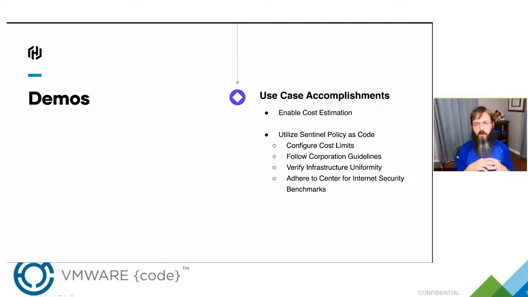Then we had our Sentinel and our policy as code configuration there, so that we could take a look at some of those costing limits, making sure that we didn't spend above $10 a month, or being able to follow some of those best practices to ensure our different instance types were following amongst our development versus production branches.